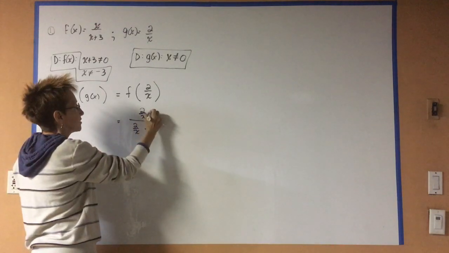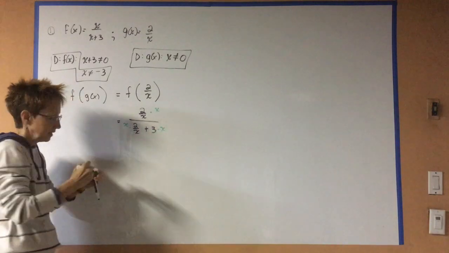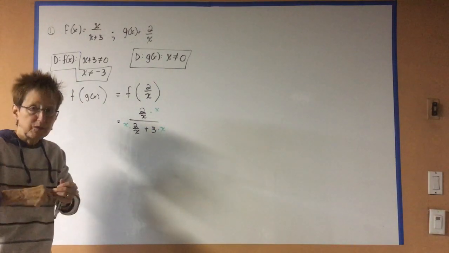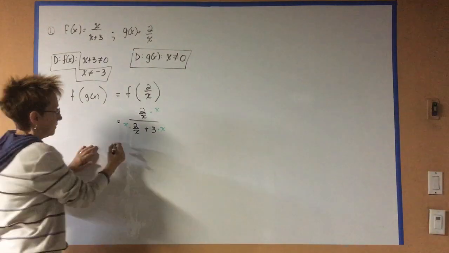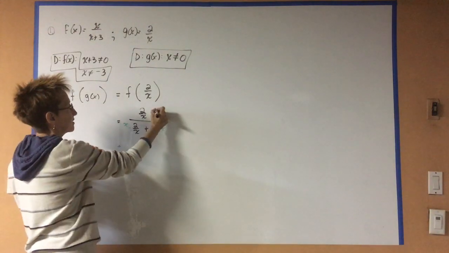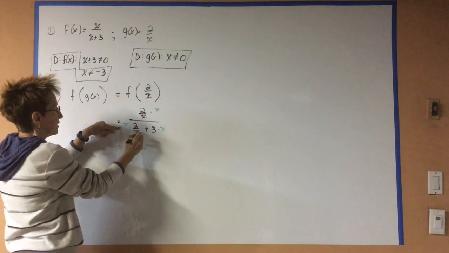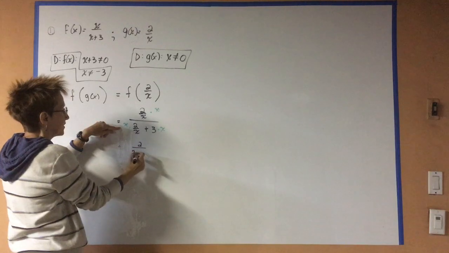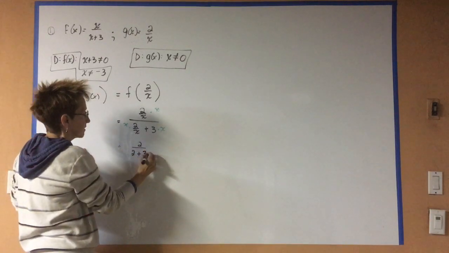So I'm going to take this term times x, this term times x, and this term times x. And that way I'll get rid of the complex fraction and turn it into a simple fraction. So this turns into, these x's cancel, which was the point, I get 2 in the numerator. The denominator, these x's cancel, which was the point, I get a 2, plus, nothing cancels here, so 3 times x is 3x.